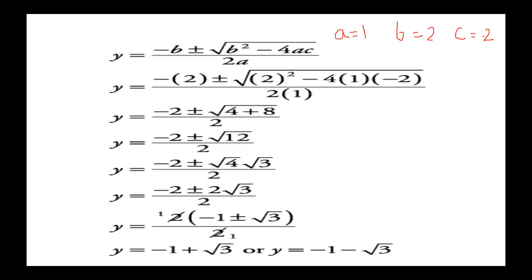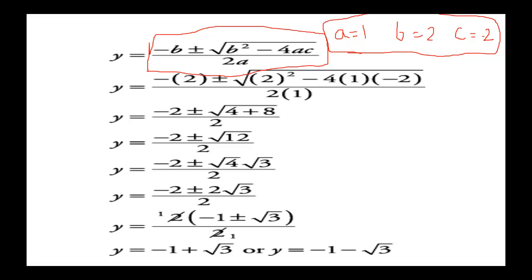So if you substitute these numbers in the general formula, negative b, positive or negative, square root of b power 2 minus 4ac over 2a.